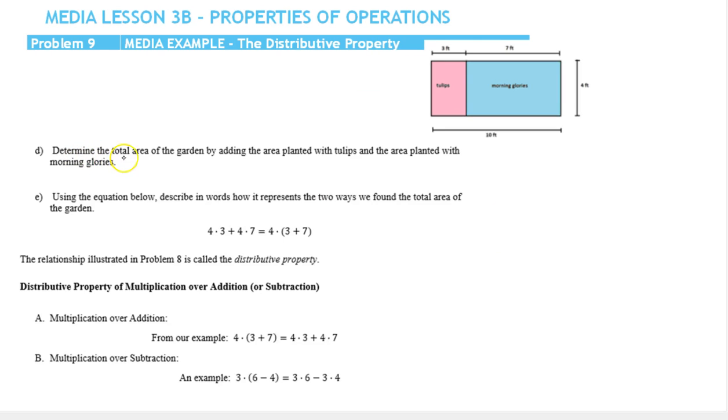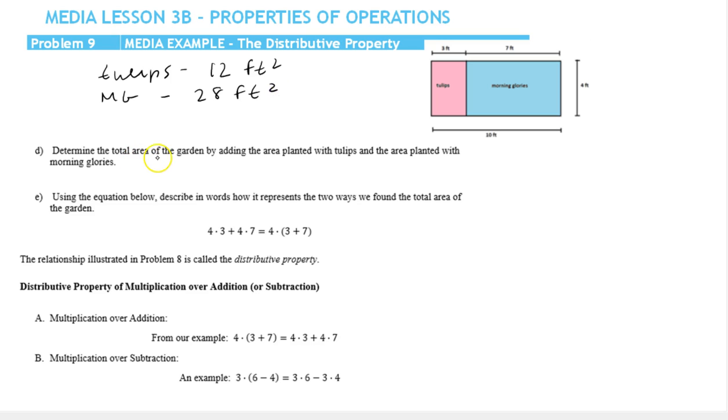Now it says determine the total area of the garden by adding the area planted with tulips and the area planted with morning glories. So remember, it was on the last slide, but you should still have it on your paper. The tulips were 12 square feet, and the morning glories, which we'll call MG, they were 28 square feet.